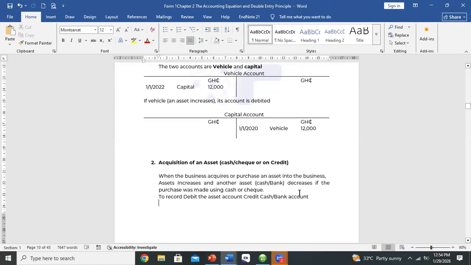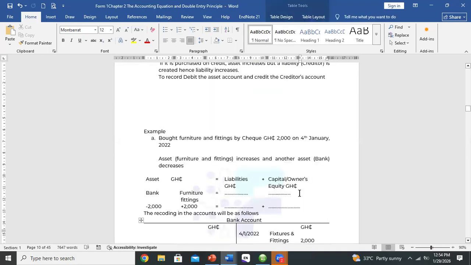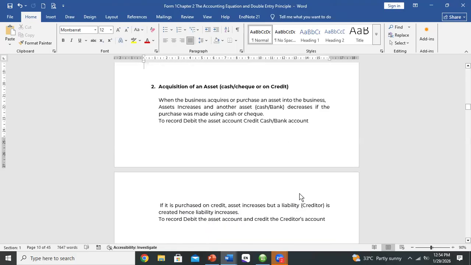Let's go to the second one again. So that's the purchase of asset. Yeah, the second one is the acquisition of asset or purchase of asset. Let me add acquisition or purchase, or when you buy an asset.